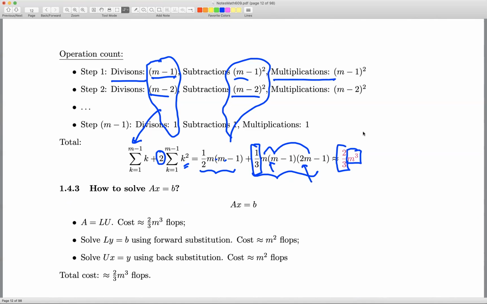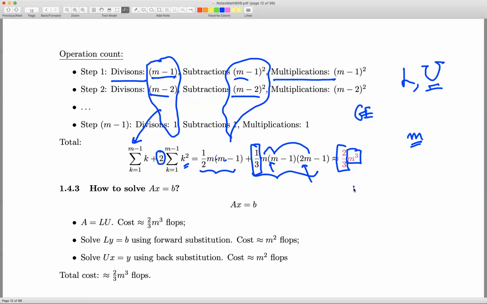So the operation cost of the Gauss elimination, and actually of finding the matrix U and finding the matrix L, which we get for free because we have computed all these numbers that the matrix L consists of, the cost of finding the matrix U is 2/3 m to the power 3, where the original matrix is a square matrix of dimension n.